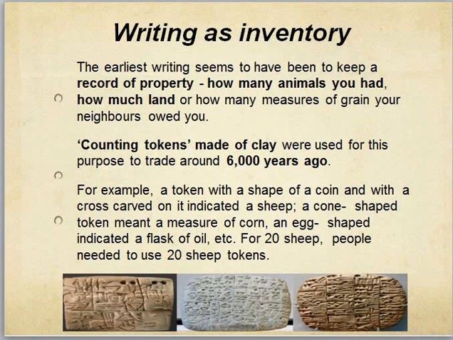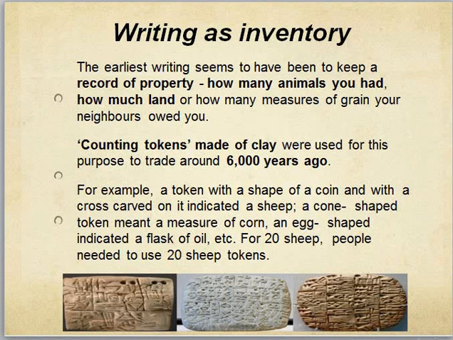Well, writing as inventory. The earliest writing seems to have been to keep a record of property: how many animals you had, how much land, or how many measures of grain your neighbors owed you. Counting tokens made of clay were used for this purpose to trade around 6,000 years ago. For example, a token with the shape of a coin with a cross carved on it indicated a sheep.